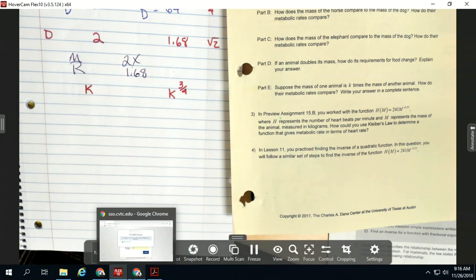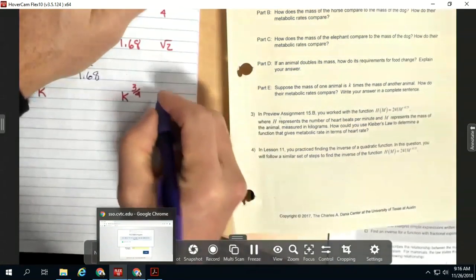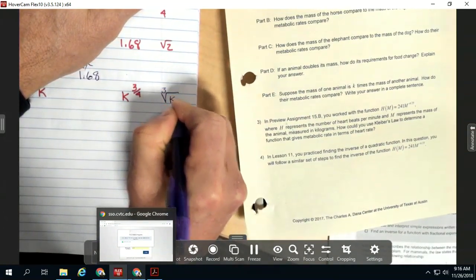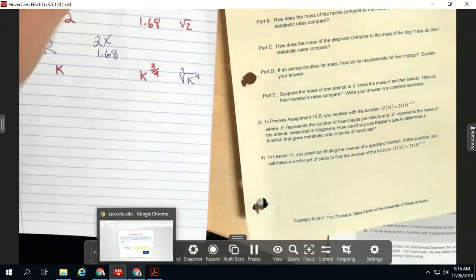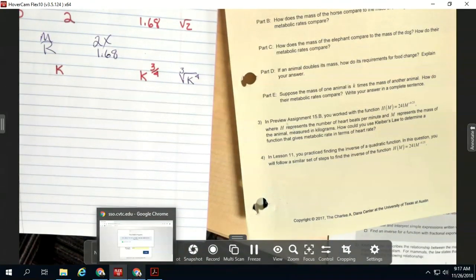I like this because it shows that that number is useful. Really what's happening is that you're taking the cube root of K to the 4th, whatever mass the thing is, and that's how much food it takes.